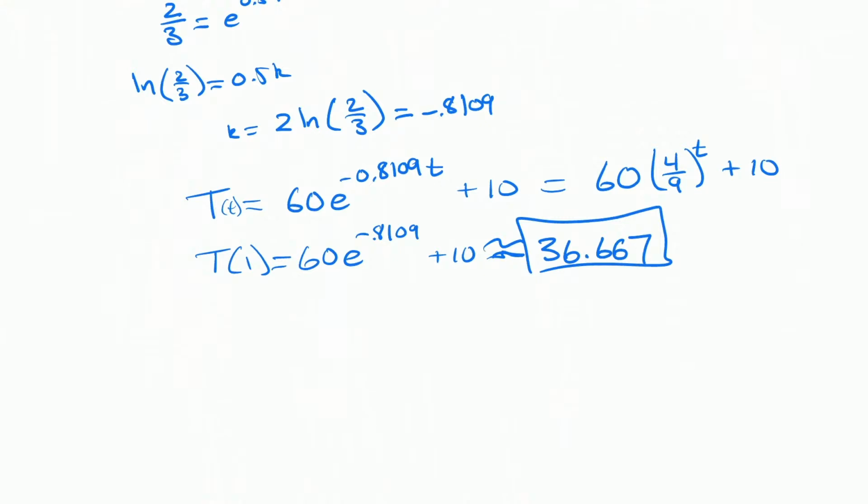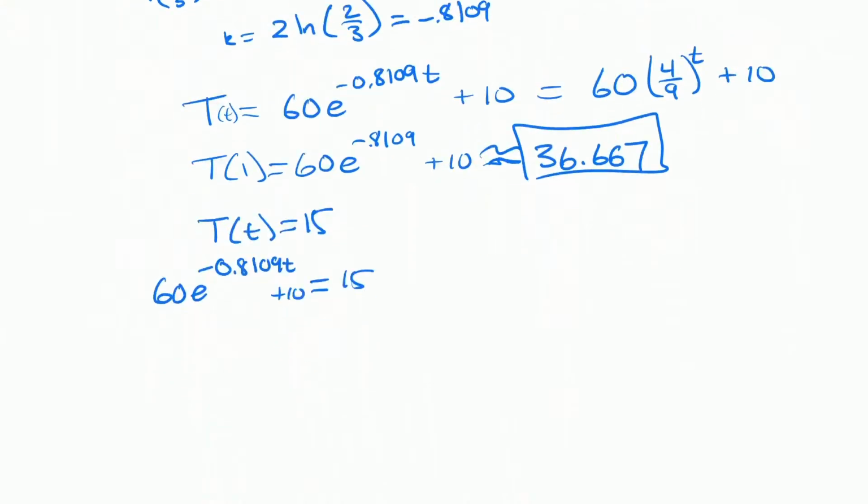And then if we want to answer the question, when will the temperature be 15? It'll be this. So that's 60 e to the negative 0.8109t plus 10 equal to 15. So 5 over 60 is e to the negative 0.8109t. That gives me this is equal to the natural log of 1/12.